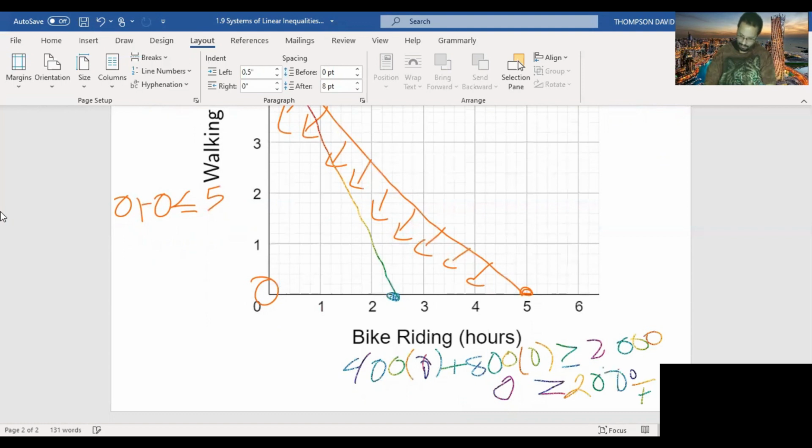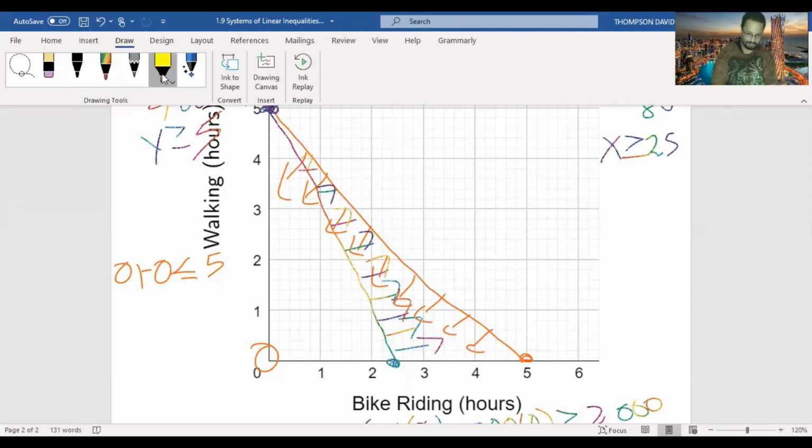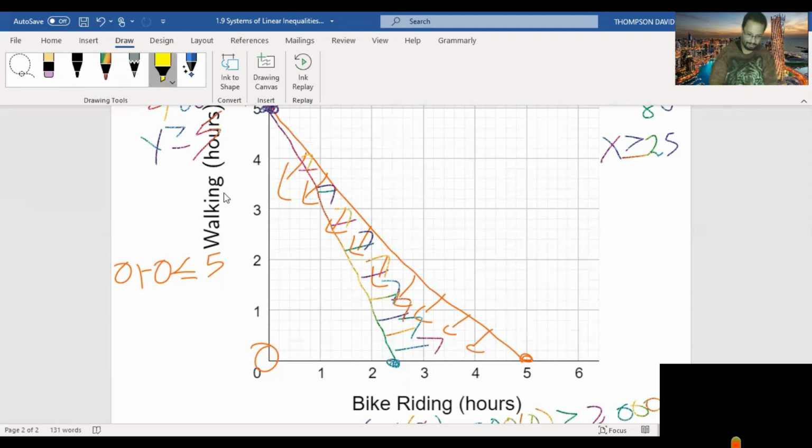This is false, so we're not going to shade towards 0, 0. This time we're going to shade away from 0, 0, so we draw arrows going away from 0, 0. Now we shade the section in between the two graphs. That's our solution region.